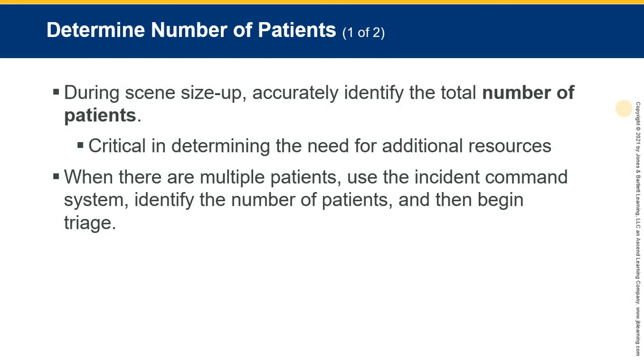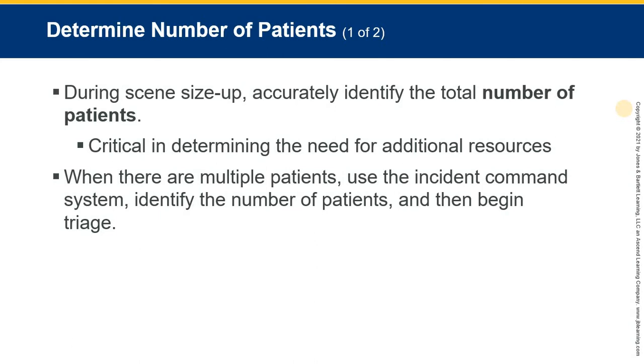In situations like when you arrive on a car wreck, the first thing you should probably do is take a good look around the car, walk around a bit, and identify how many patients you actually have. That way you know exactly how many resources you have to allocate to this particular call.